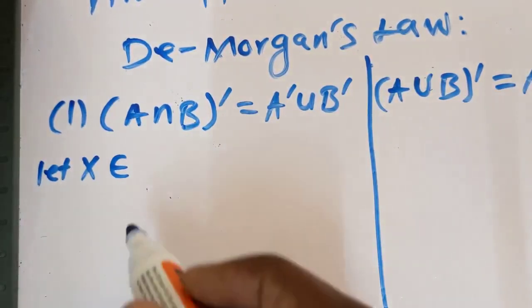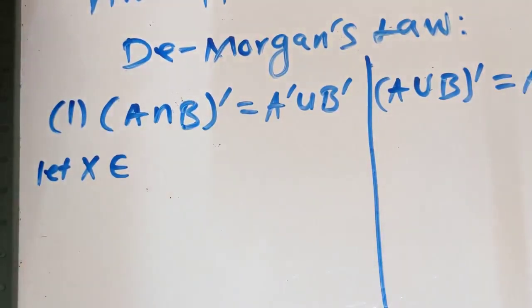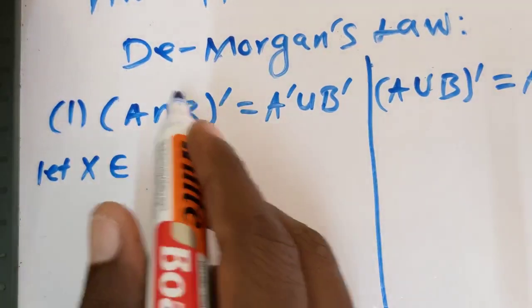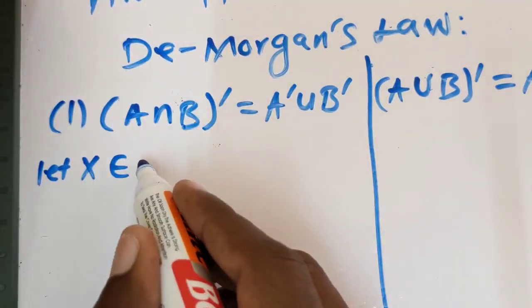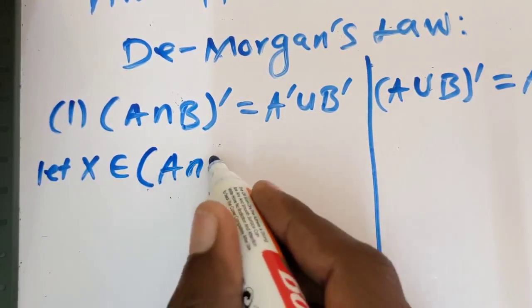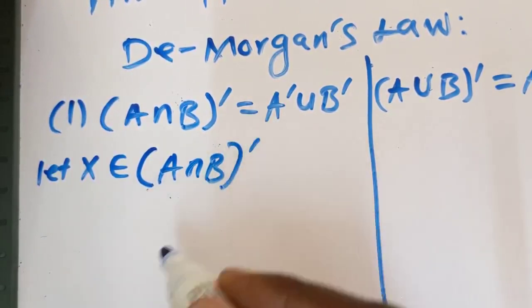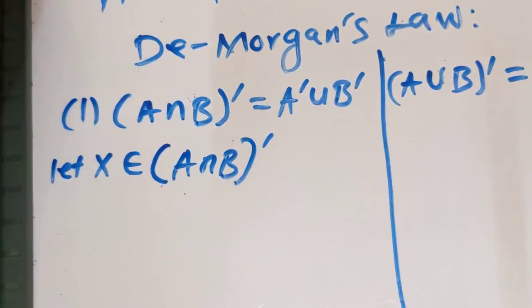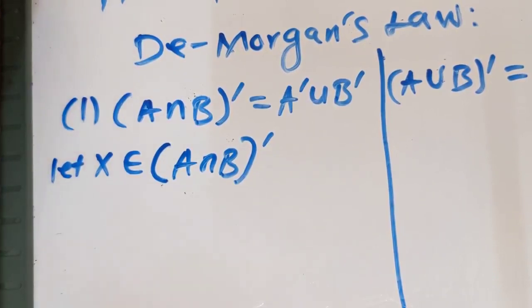So let X be a member of (A intersection B) complement. That is what we do first.